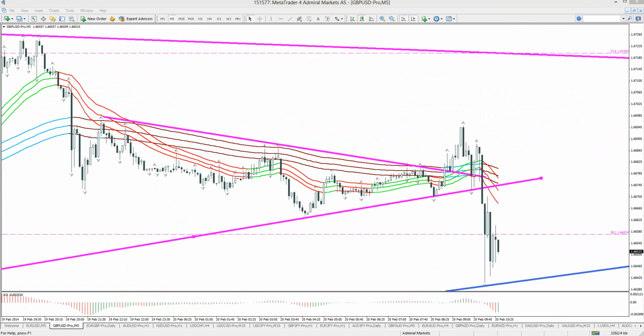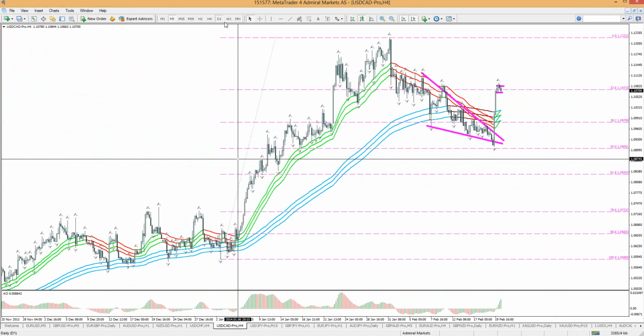I will take a look at that. So let's take a look at the dollar CAD. Let's take a look at this daily chart.